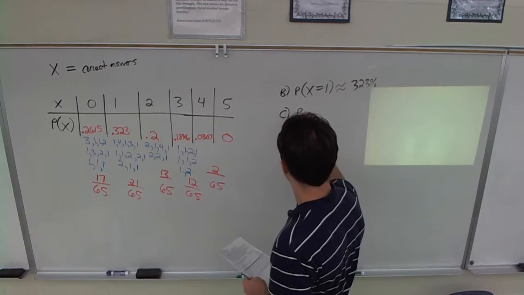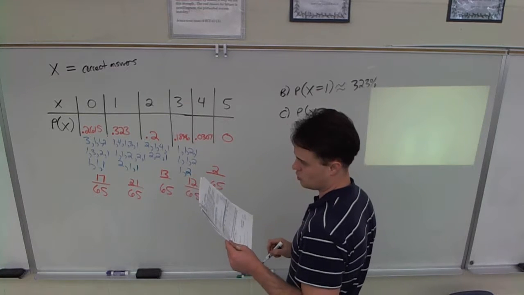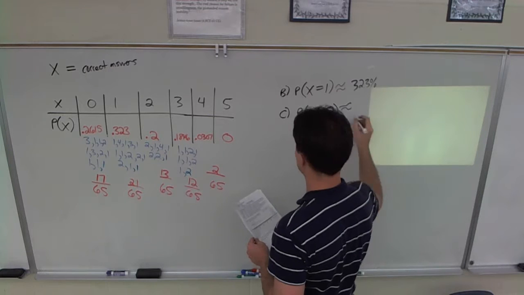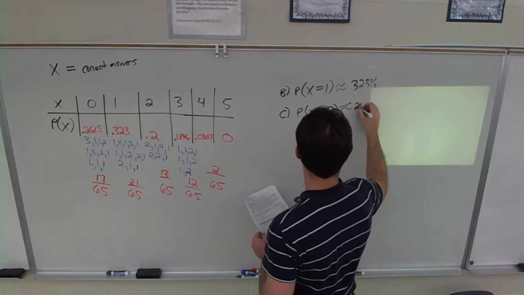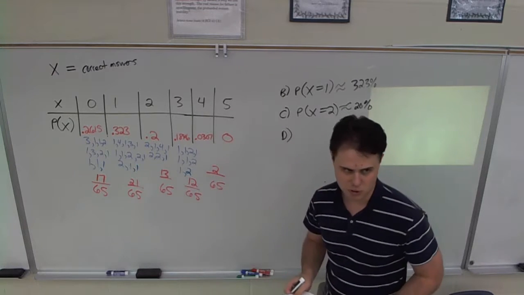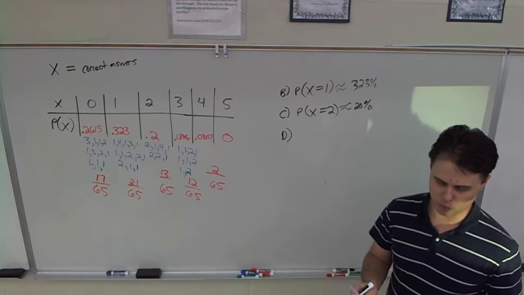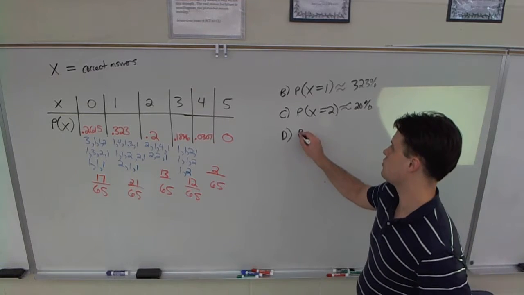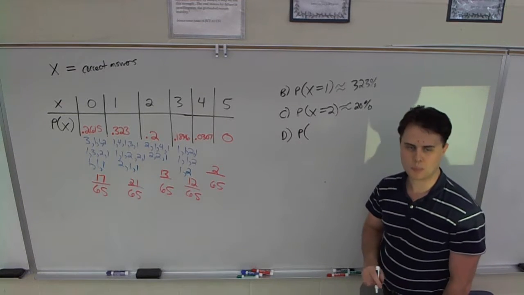C says what's the probability that X is equal to 2? Well, that's going to be approximately 20%. D is the interesting one, which you're going to need on your assignment and which is more important moving forward. What's the probability she passes the test? Help me phrase that in terms of our random variable X. 3 or more.